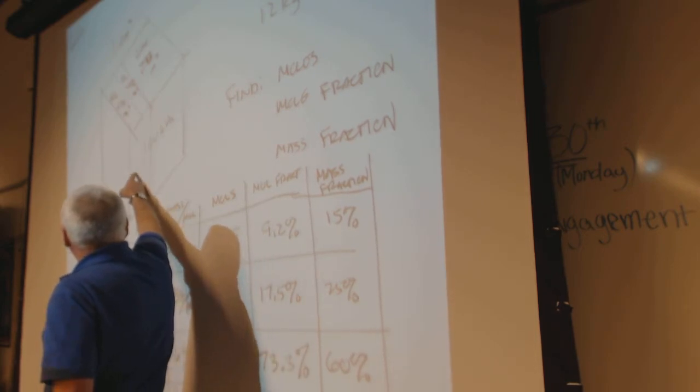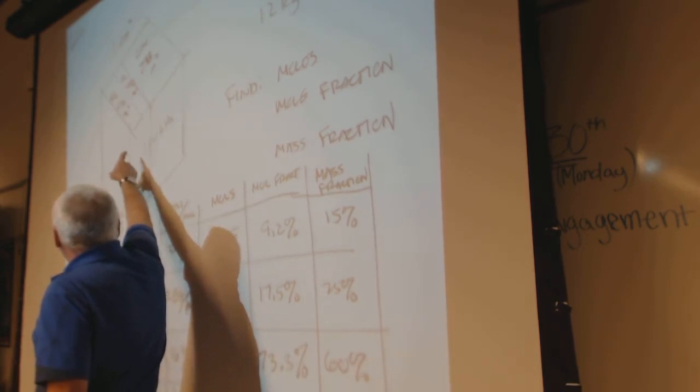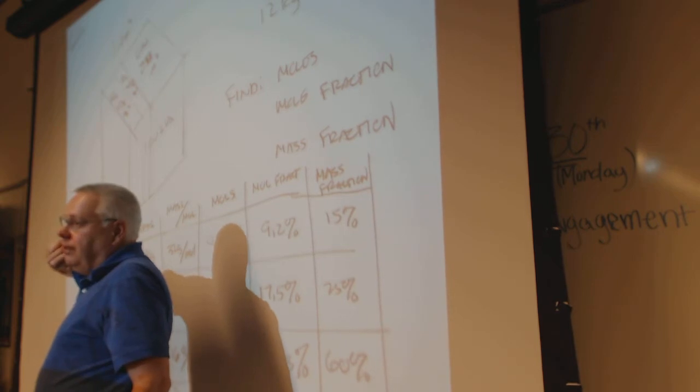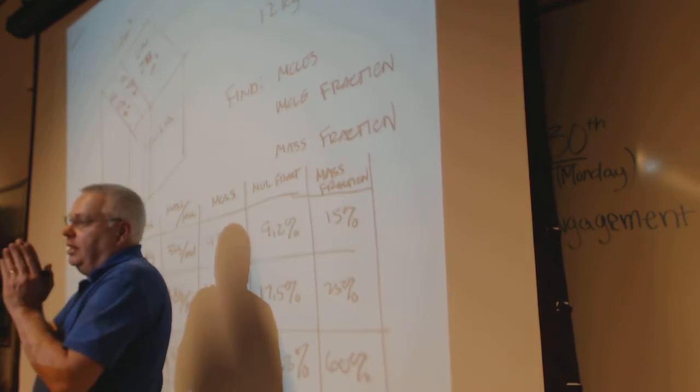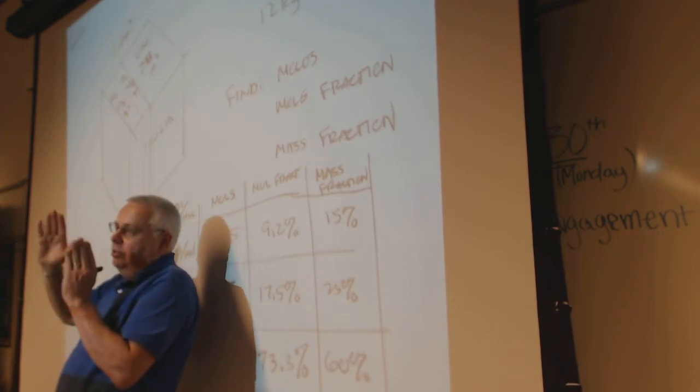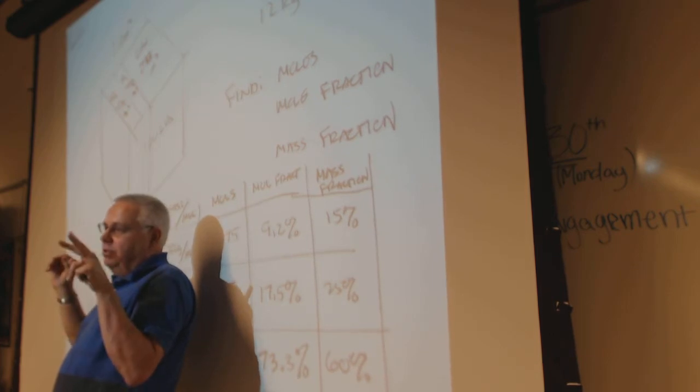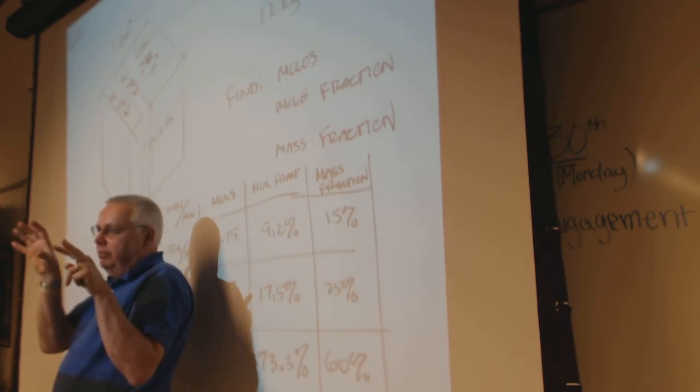If I took this nitrogen, it was at 100 kilopascals with 0.175 cubic meters, and I expanded that all the way out to 1 cubic meter, P times V is going to have to equal the same.